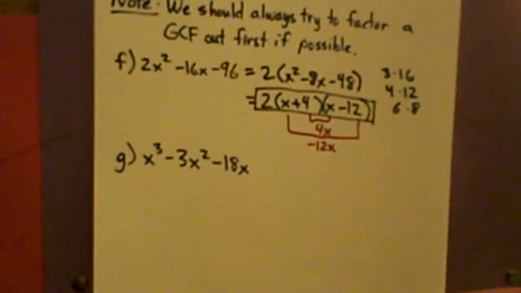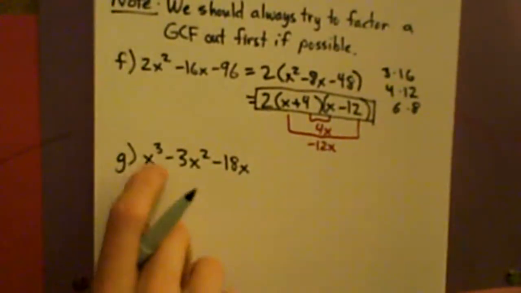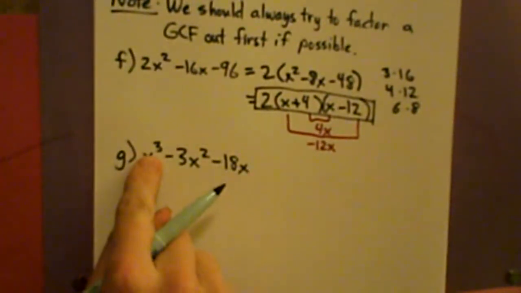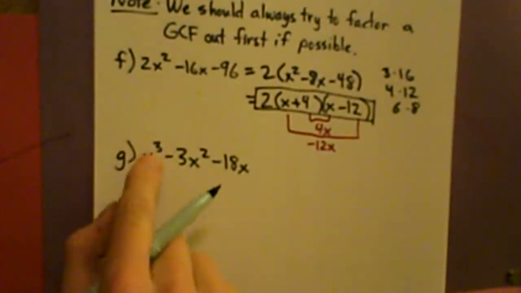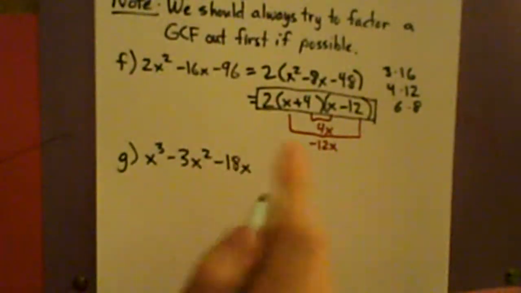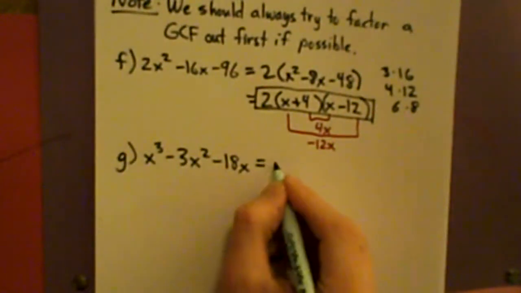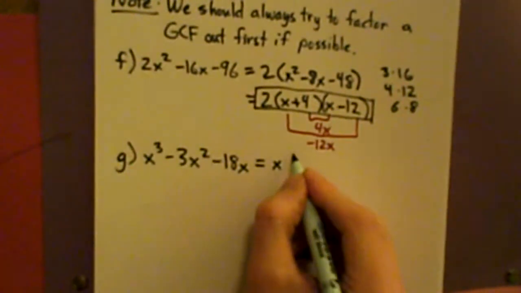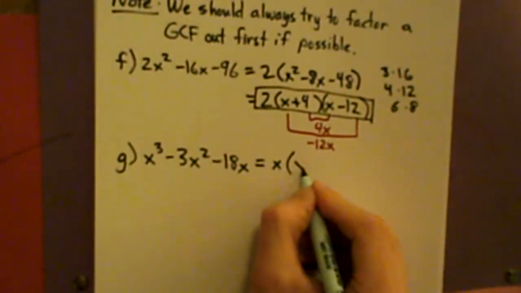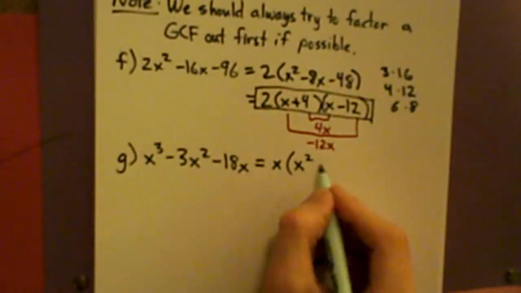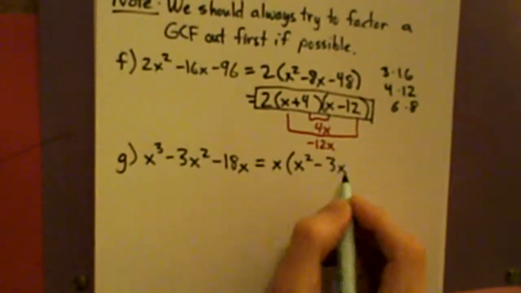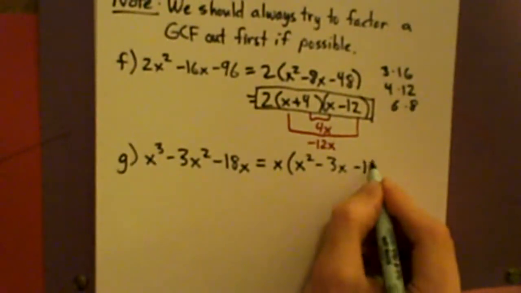Now, first looking at this, we've never done anything with x cubed, so we think we might be in trouble. However, all three terms have an x in common, so what we can do is factor out an x. When we do that, what we're left with is x squared minus 3x minus 18.